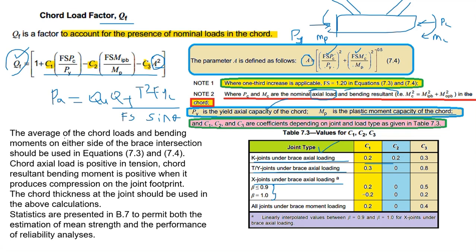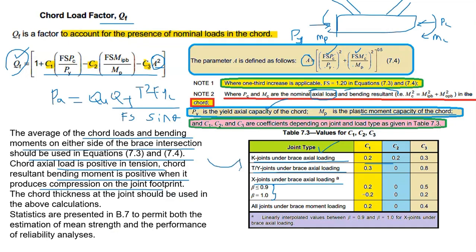Okay, then the average of the chord load's bending moment on either side of the brace intersection would be used in equations 7.3 and 7.4. And chord axial load is positive in tension. Chord resultant bending moment is positive when it produces compression on the joint footprint.